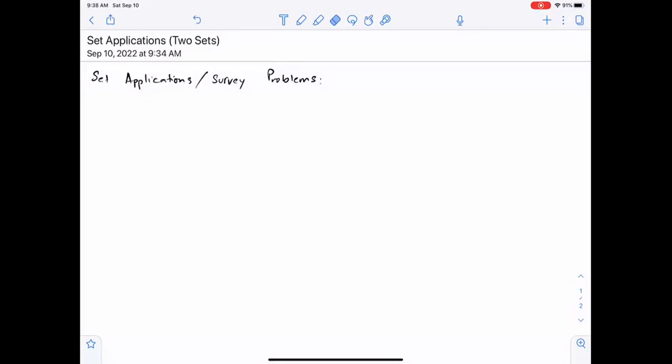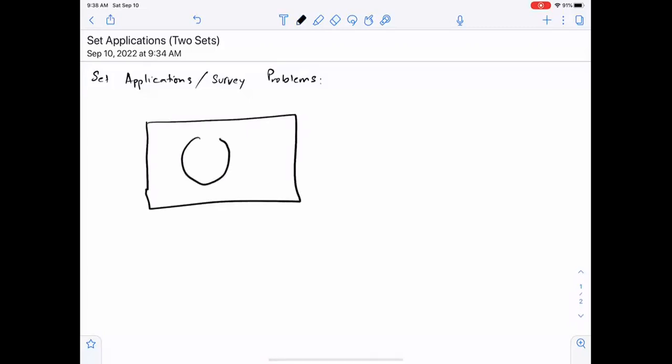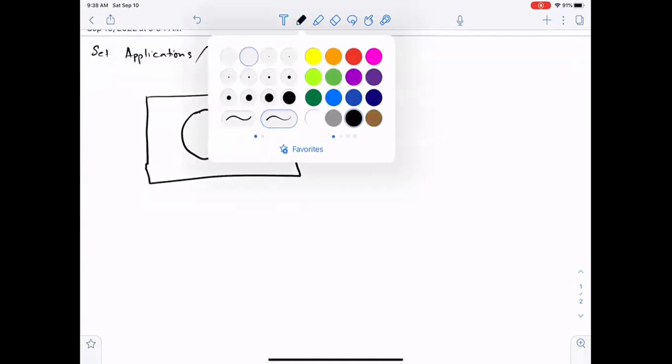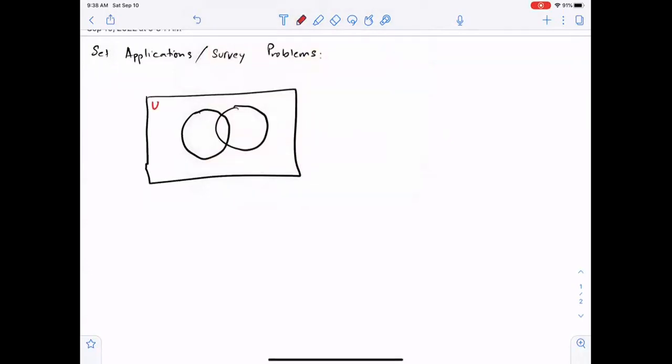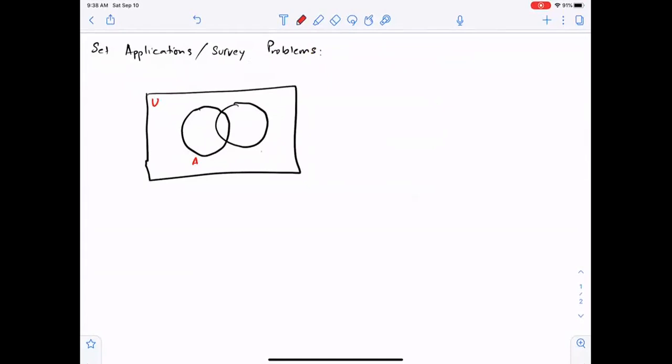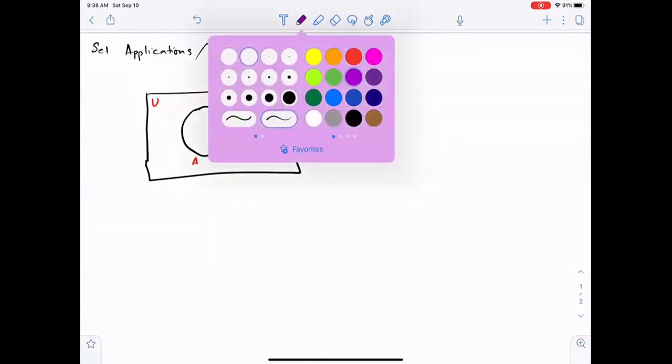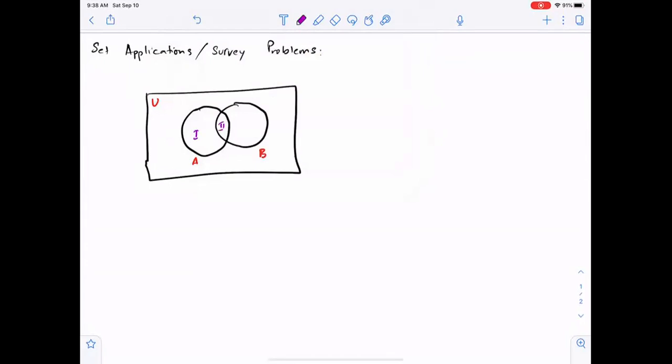So I'm going to start with a simple case where I have two sets, perhaps the universal set, set A, set B, and I'll put three different regions: region 1, region 2, and region 3.